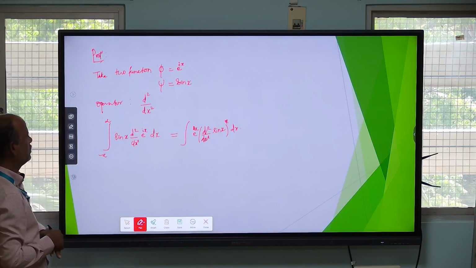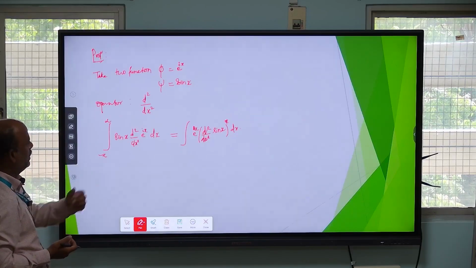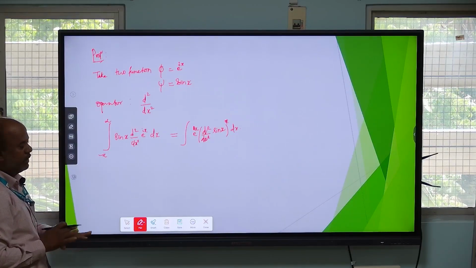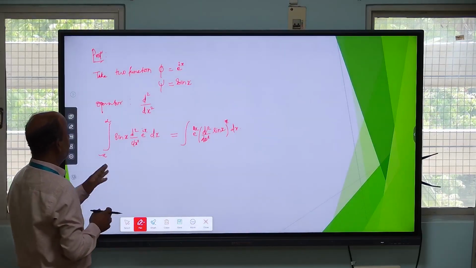If both are equal, then only the operator d square divided by dx square becomes a Hermitian operator. When you integrate this, it's very simple. It is not necessary to substitute the limits.